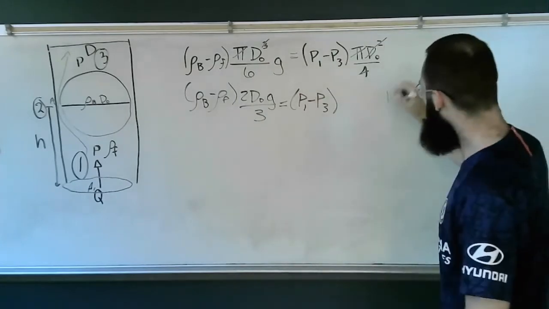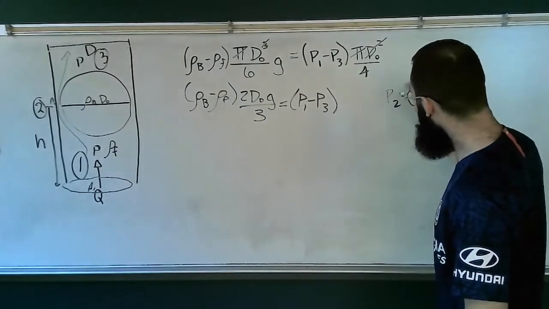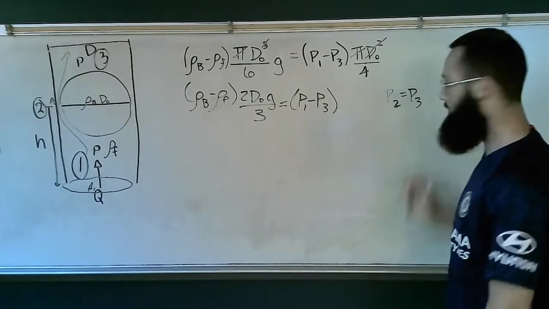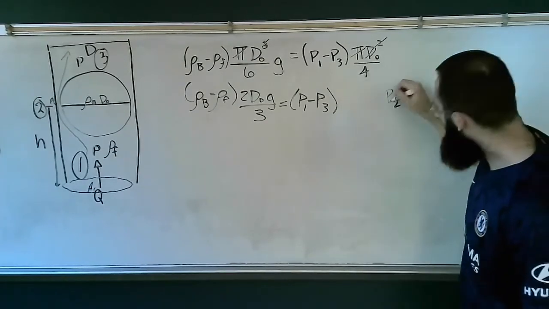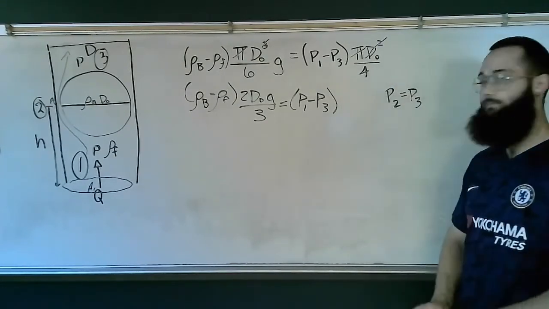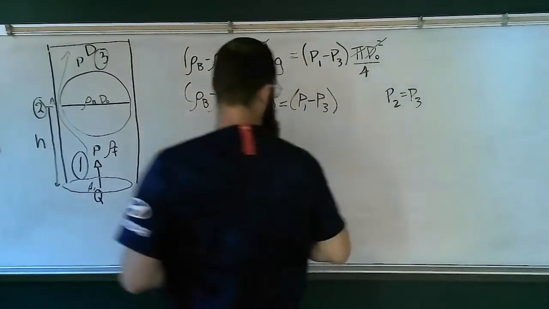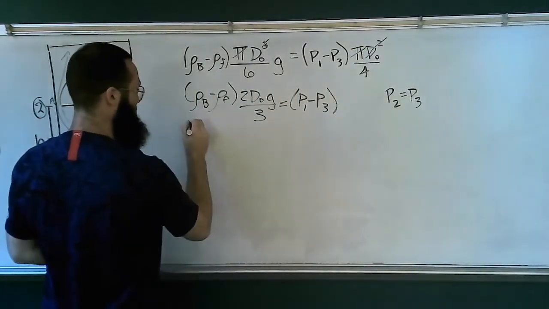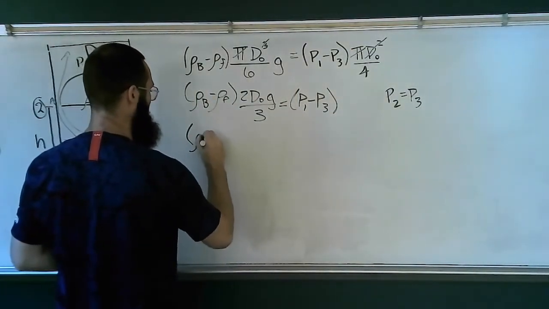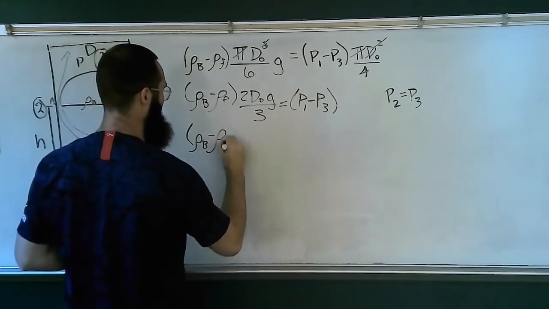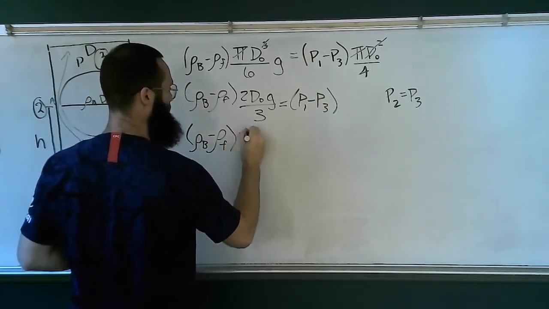So we can say that P2 will be equal to P3. Let's make that P a little bit bigger. And so I want to plug in P2 here, since we want to figure out the height of the ball, so we want the pressure at that height of the ball.